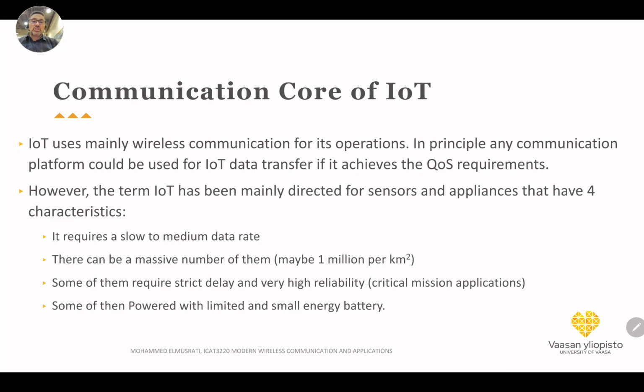And most IoT applications are powered with limited, small batteries, which means they shouldn't consume high energy. It is not like our mobile phone, which you need to recharge at least once a day. Those IoT devices should work sometimes for years without replacing batteries, or at least for a long time. It depends of course on the application.